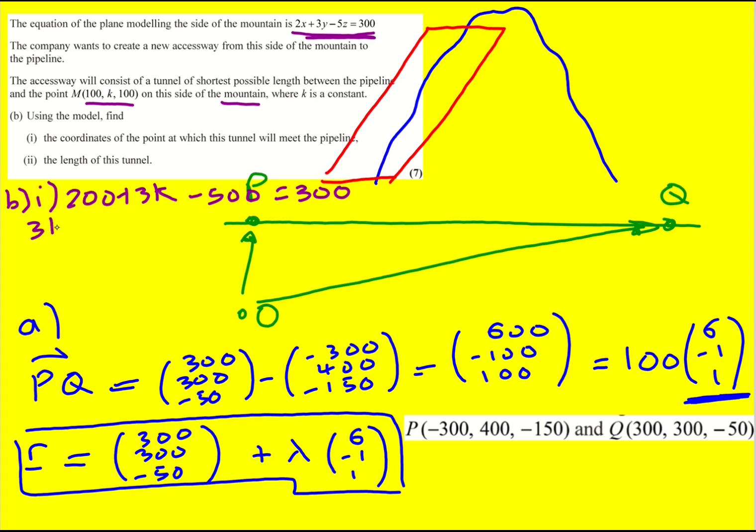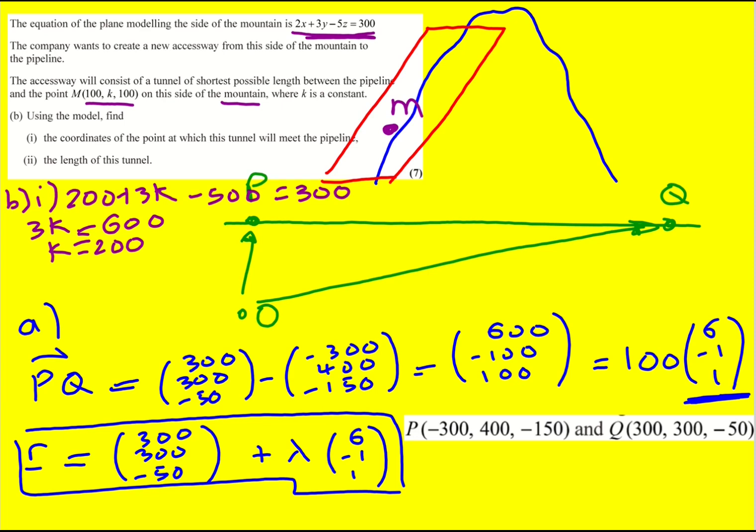That means that 3K is going to be 600, K is going to be 200. So I've got this point on my mountain somewhere, like here, for example. This is going to be M.